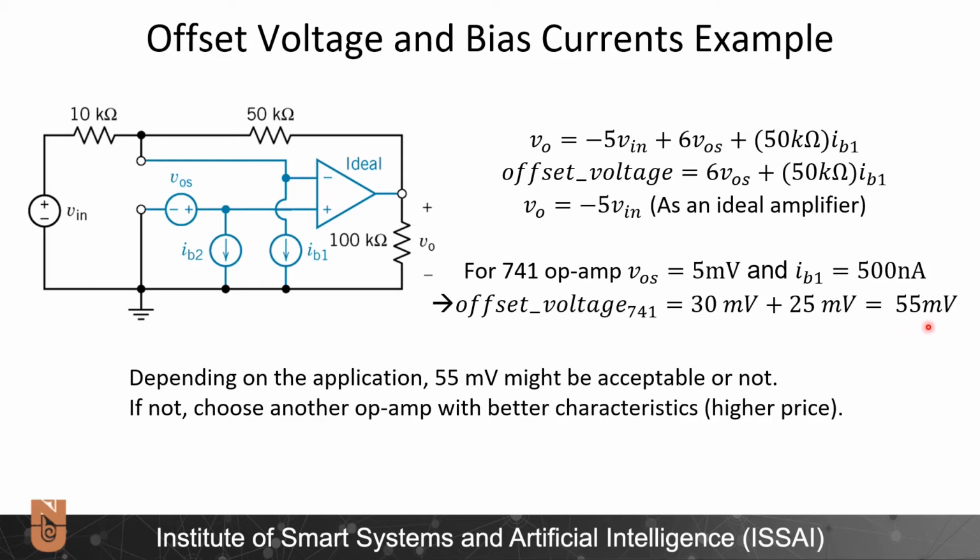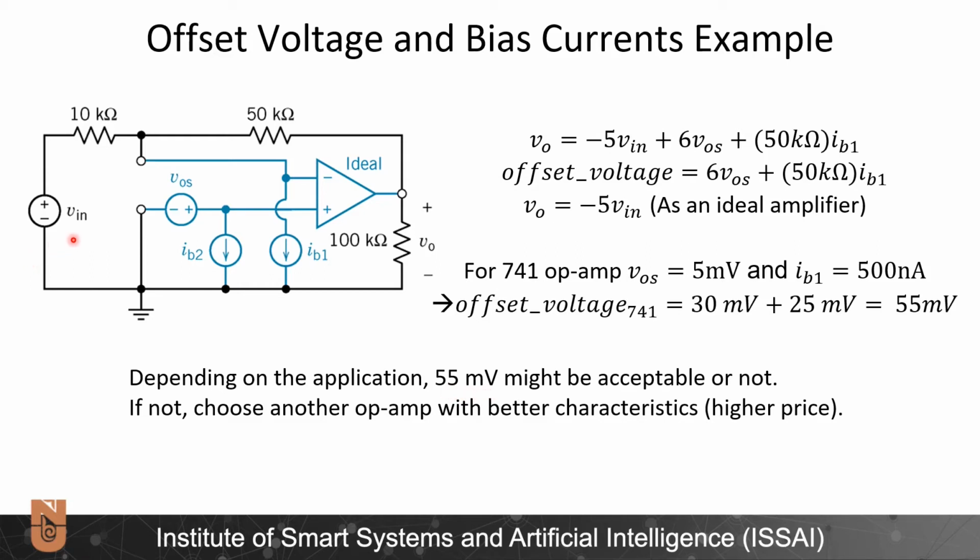At the end, total 55 millivolts. Depending on one application, 55 millivolts might be acceptable. In some applications, it might not be acceptable. For instance, if we have a sensor, which is the input voltage, and that sensor has an output of 1-2 millivolts, 55 millivolts will be very high.